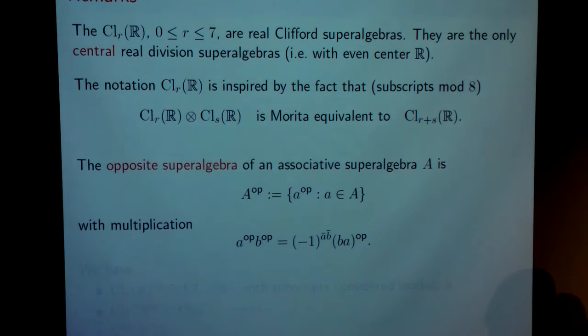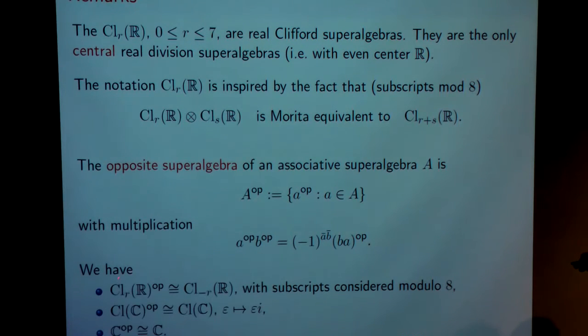Another property that'll be important for us: if you take the opposite superalgebra of one of these, where the opposite superalgebra is just a copy of your algebra as a K-module with the multiplication reversed up to the usual sign, then you get the Clifford superalgebra for the negative of the subscript, mod 8 again. And the two complex ones are isomorphic to their own opposite.